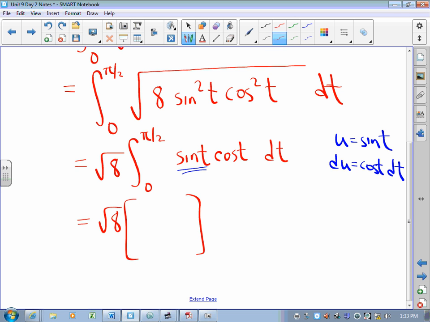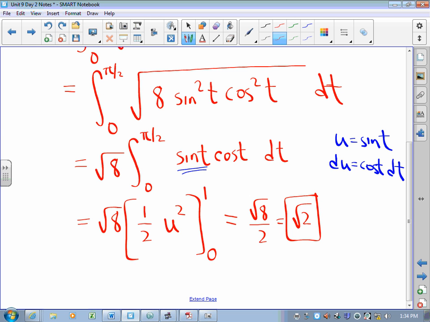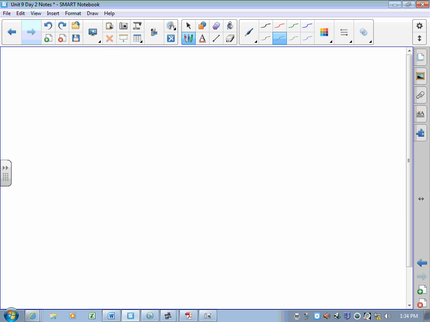So we have an antiderivative of u, and that's just 1/2 u squared, from the sine of 0 to the sine of pi over 2. And that is radical 2. Isn't that crazy? Come on, that's a little crazy.